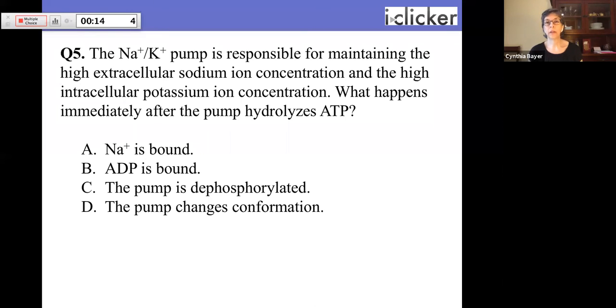So in that cycle that we just described, the changes in shape, the phosphorylation and dephosphorylation events, what we're asking here is what happens in this cycle right after the pump hydrolyzes ATP. As long as ATP is available, the pump will hydrolyze it. So the pump actually has intrinsic ATPase activity.